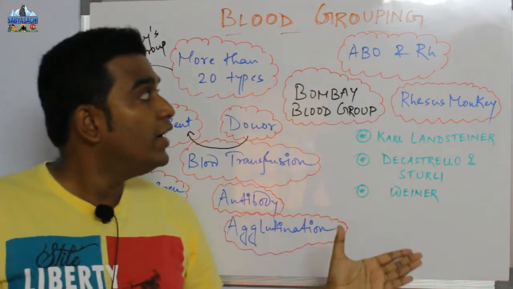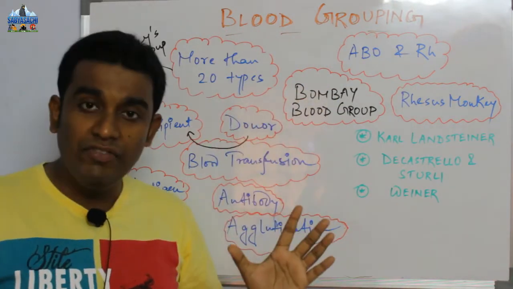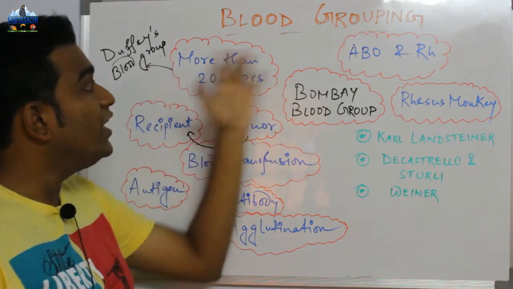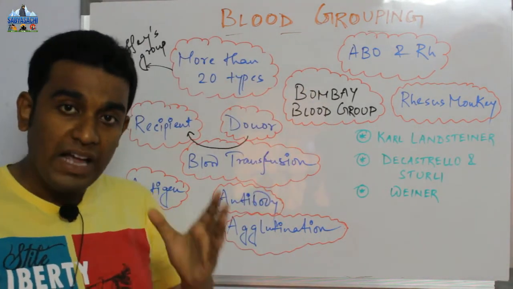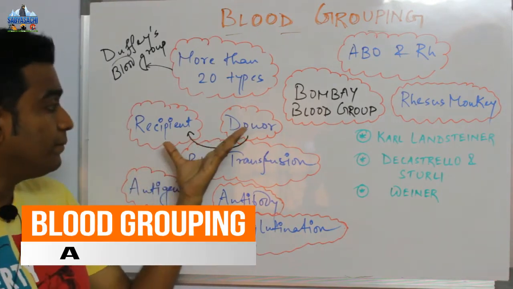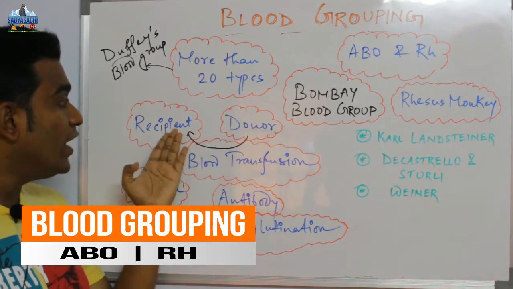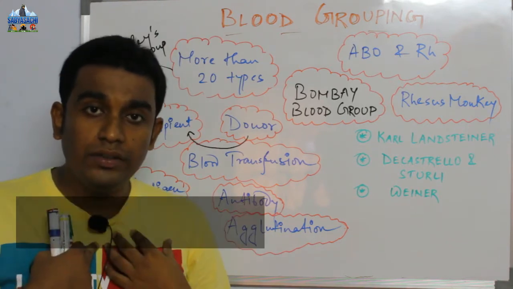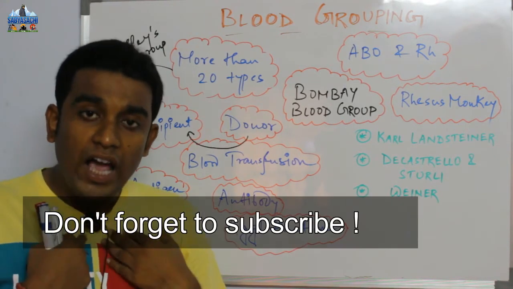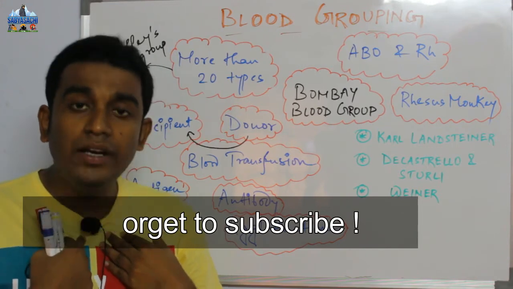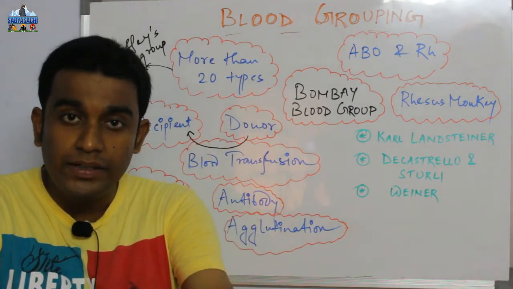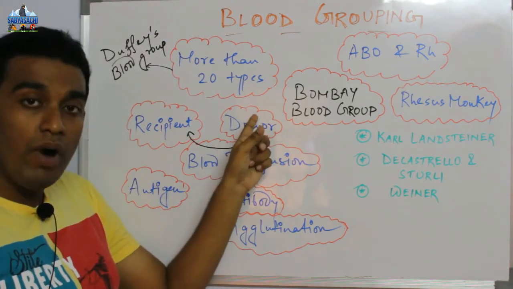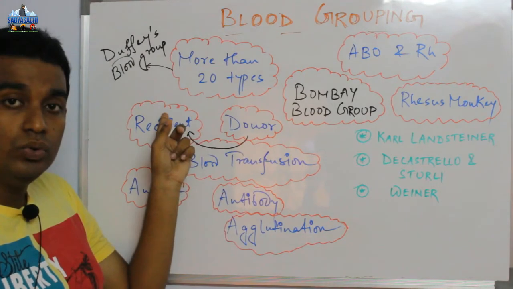Before we get into blood grouping and how it is done, we need to understand a few terms which are directly associated with blood grouping. First, we have donor and we have recipient. Suppose I am a donor, that means I will be donating my blood to the recipient. That means individual number 1 and individual number 2.